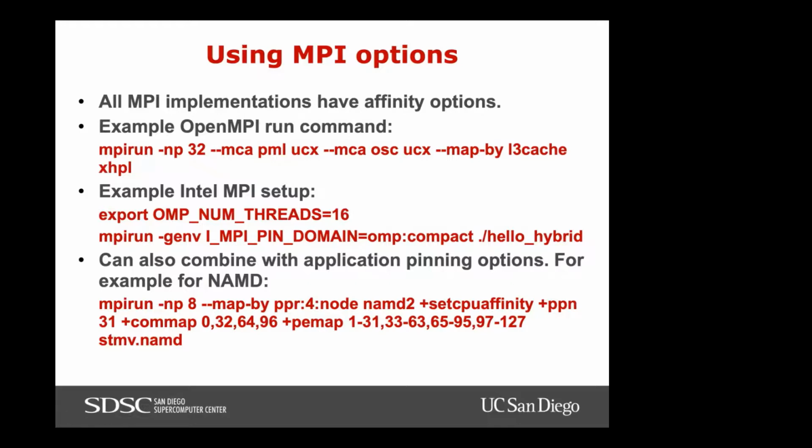Actually, you'll notice it's only using 31. It's because we use some of them for communication. AMD has options for setting aside communication cores. So that's what we are using here. So you can see it can be pretty complicated in terms of how you lay things out. So in this case, what you're saying is map by PPR, processes per, you're saying 4 per node, right? That's what's going on here.